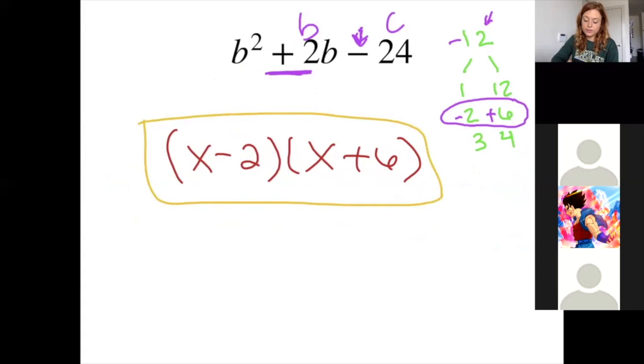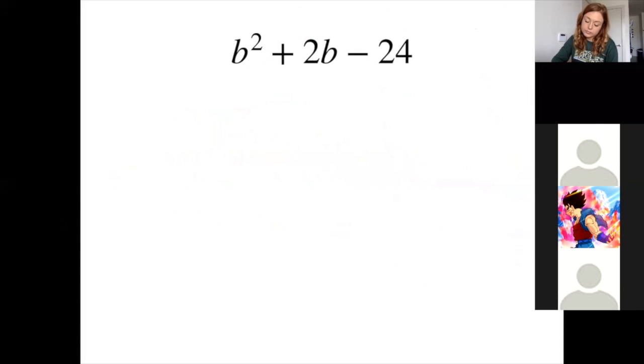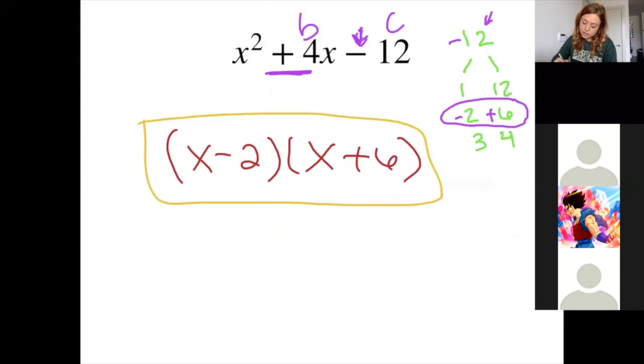Now let's go back and look at one of those examples where it was a -C, so we can remind ourselves. On this one, our C was a negative number. That 12 was a negative right there. So I need to find in the list which ones would subtract to give me 4, that B value.